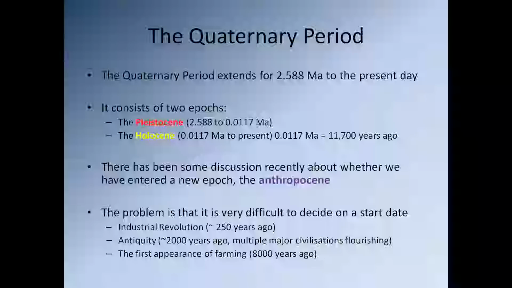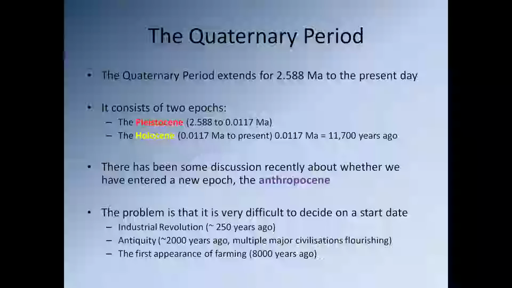And obviously, once again, that makes sense. Large-scale civilization requires significant quantities of food, so that means very, very large-scale farming. That means large scales of deforestation. That means large amounts of extinction events in a very small area. And so some people suggested, right, antiquity would make a very reasonable marker for the start of the Anthropocene.